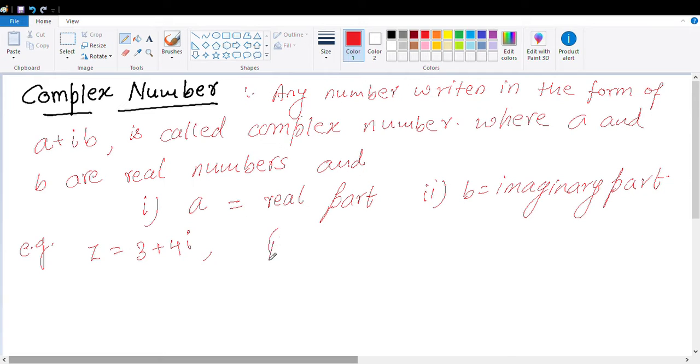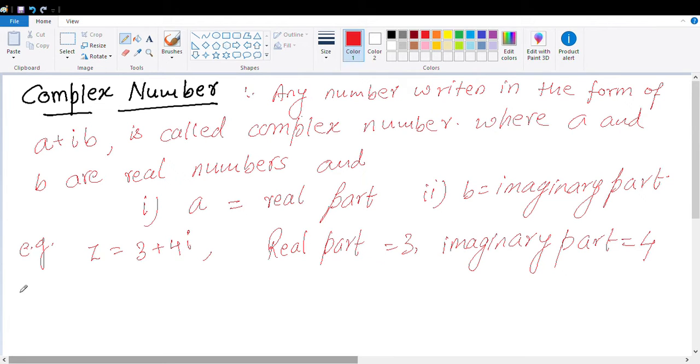So here the real part is 3 and the imaginary part is 4.